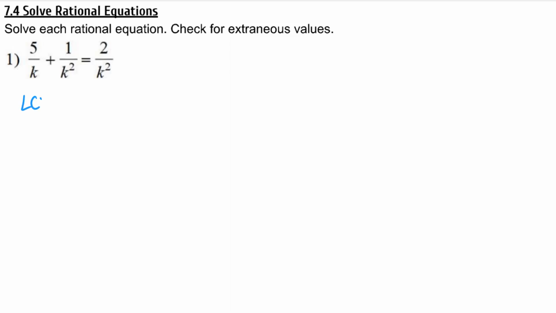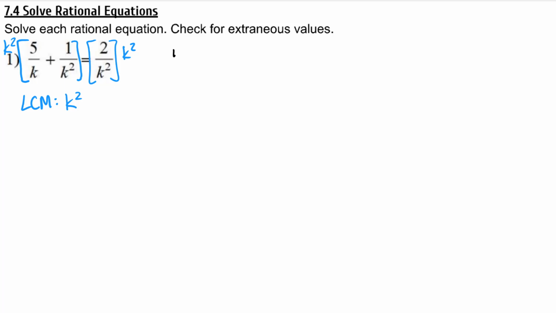Let's begin by finding the LCM. It's got to be at least as big as the biggest denominator, which is k squared. Now, does k go into k squared? Yes, it does. Let's multiply the left side of the equation by k squared and the right side of the equation by k squared. For the left side, you'll need to distribute the k squared into each of the fractional terms.